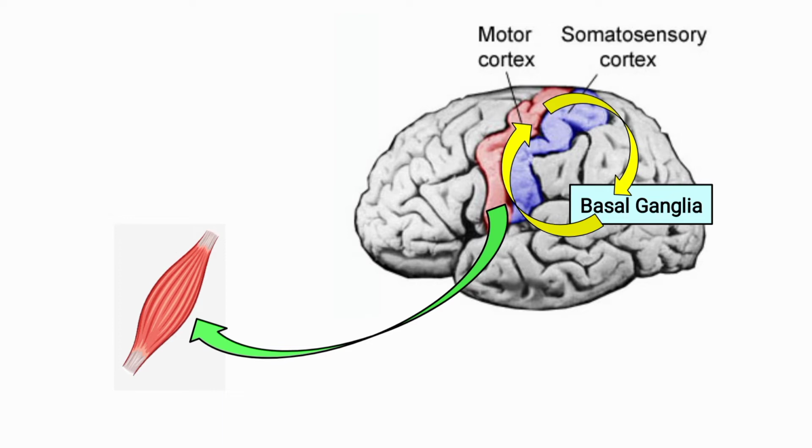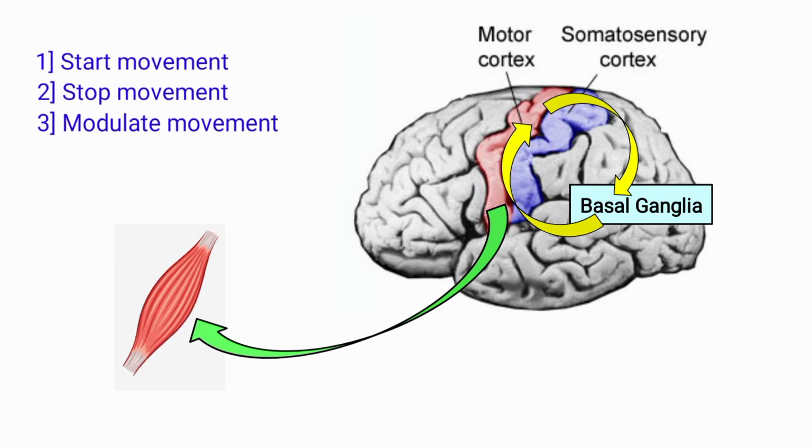It sends the new motor plan to start the movement, stop the movement, or modulate the movement. These are the three primary functions of the basal ganglia: to start movement, stop movement, and modulate the motor movement. It actually activates the motor movement, then stops the unwanted motor movement and modulates different motor movements.